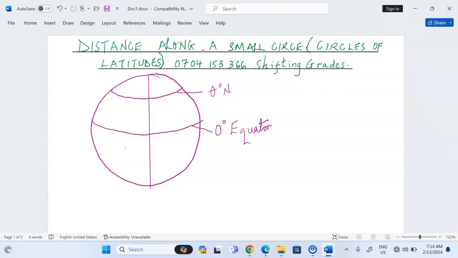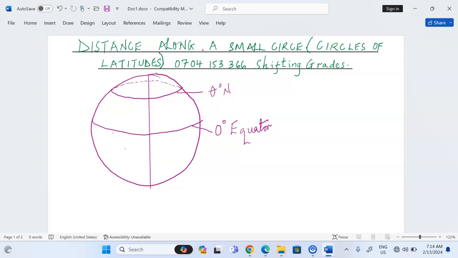So can we talk about the circle due to this latitude? The circle moves through the globe like that. That is the circle due to the latitude theta degrees. Now the circle due to the latitude does not have a radius equal to the radius of the globe, so we have to find ways of getting lengths across this distance.